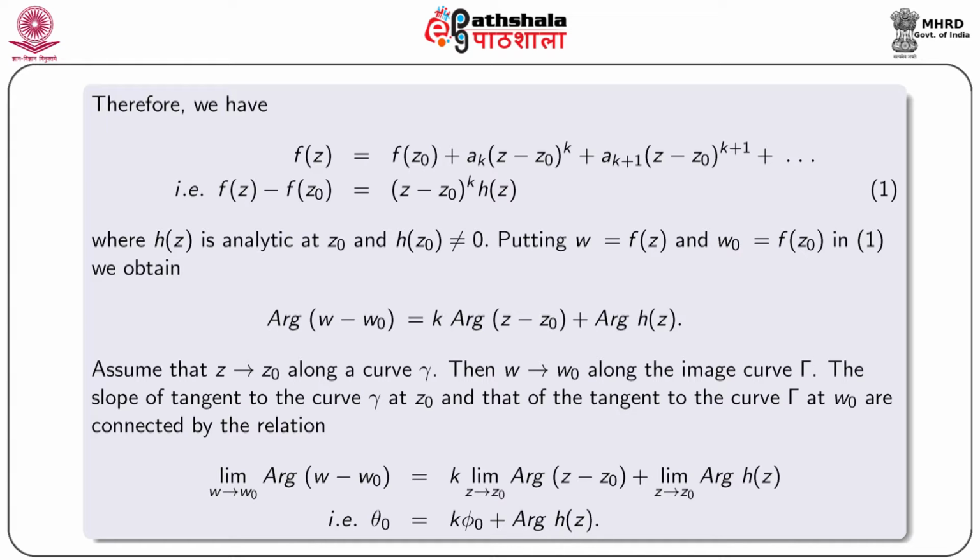The slope of the tangent to the curve γ at z0 and that of the tangent to the curve Γ at w0 are connected by the relation: limit w tends to w0 of arg(w - w0) equals k times limit z tends to z0 of arg(z - z0) plus limit z tends to z0 of arg h(z), that is, θ0 = k φ0 + arg h(z0).